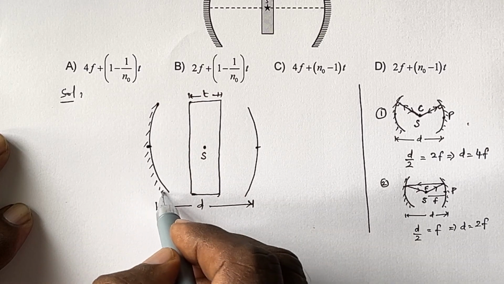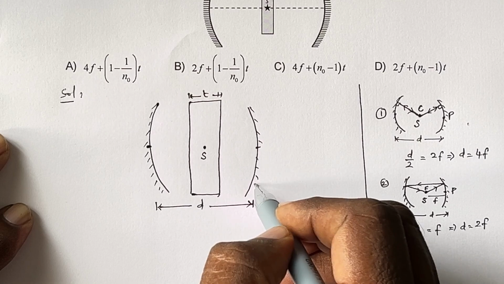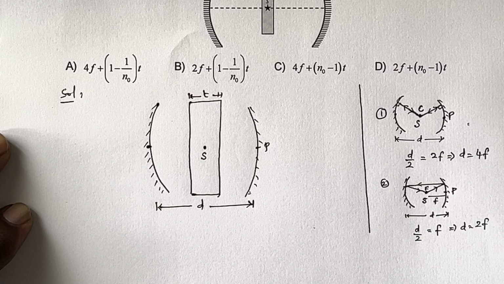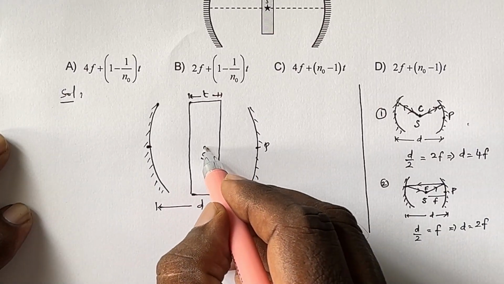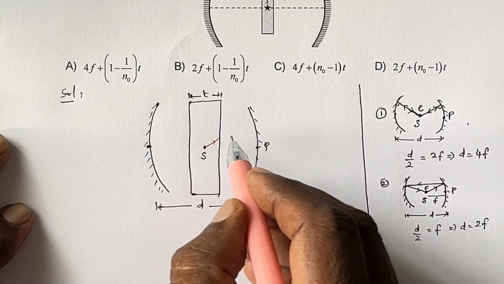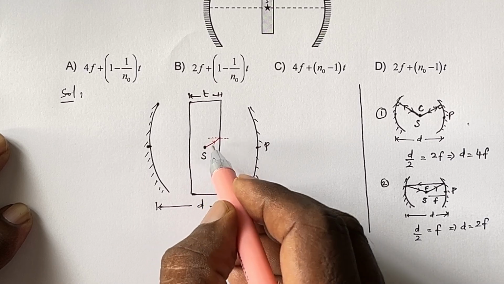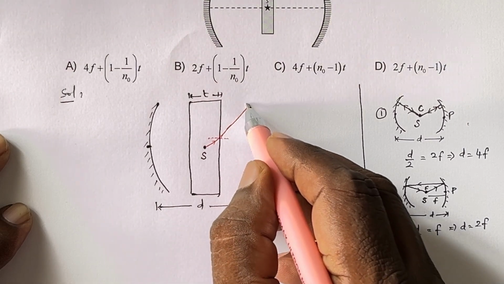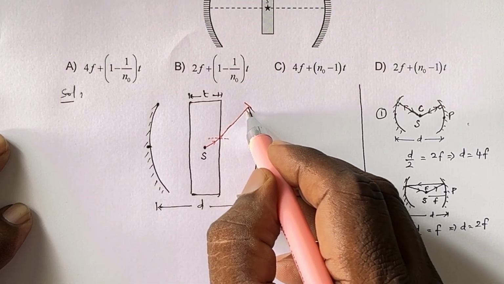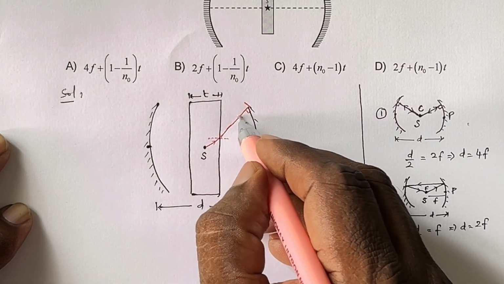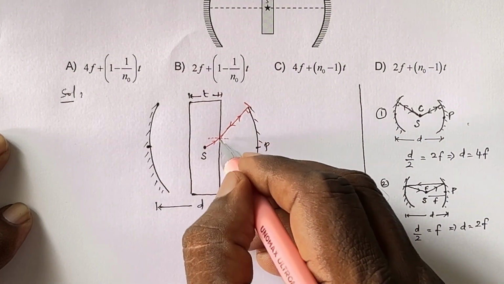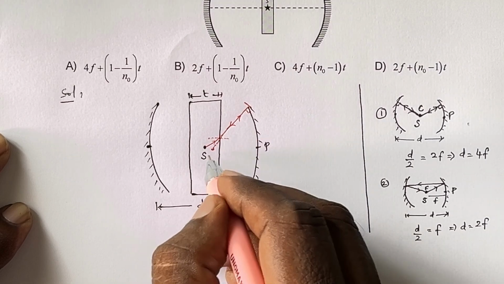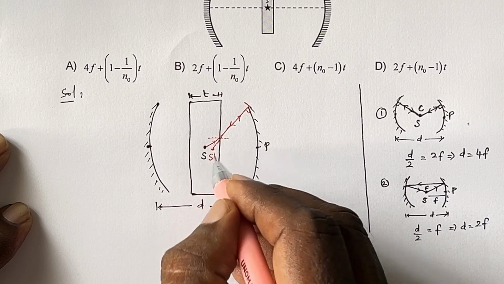Okay, now the light ray starts coming out and falls here. This is the normal. When going from denser to rarer, it will be refracted like this and falls at 90 degrees. First option I am taking. It retraces its path, but here it appears to us to be coming from S1.